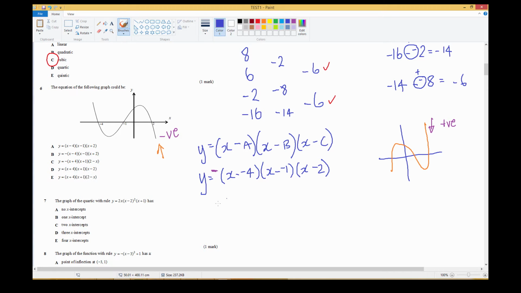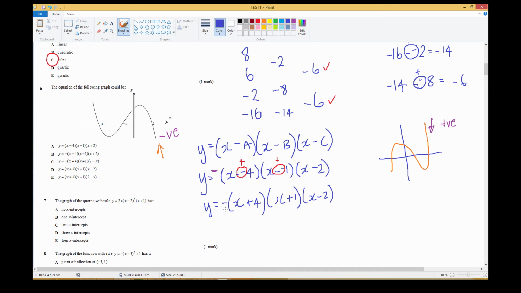So in the end, I'm going to get y equals negative x. This makes a plus, so just going to be careful there. Right, it's a plus, 2 negatives there in between 2 numbers makes a plus. So it's going to be positive 4, x positive 1, and x minus 2.